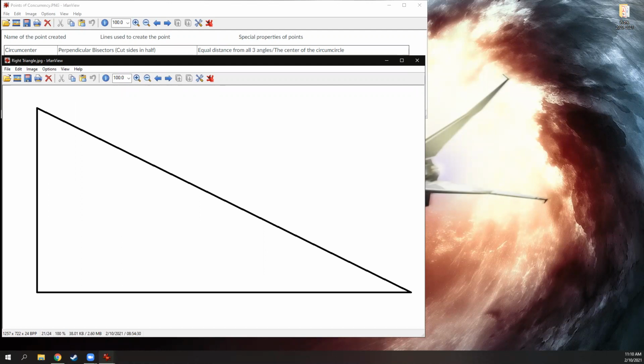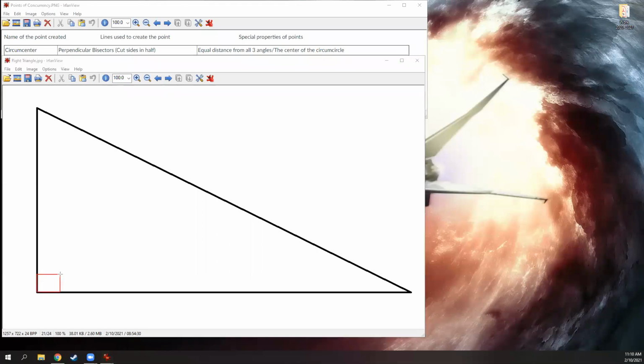So let's do a box. Hey, all right. So this is the right triangle. It's got a right angle right there, so on and so forth. What we're going to do is the exact same thing. We're going to cut this side in half and this side in half and show you where the circumcenter would land on a right triangle.